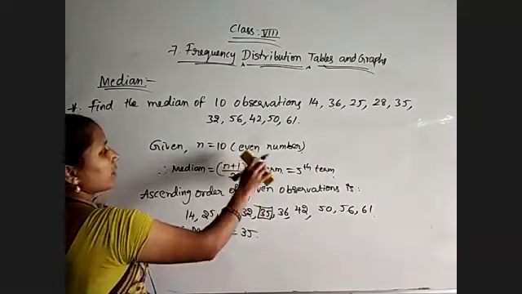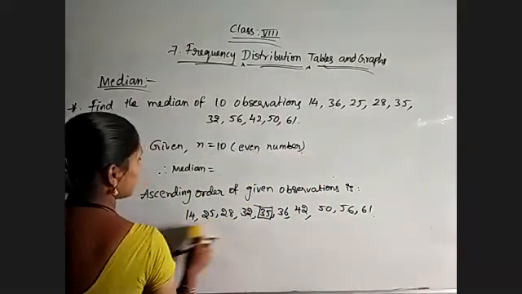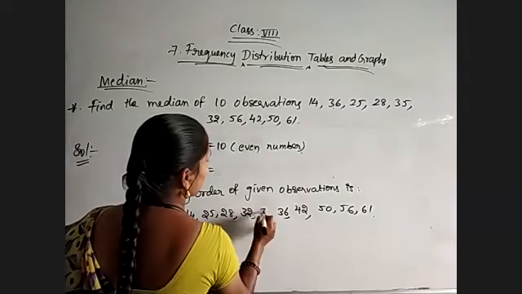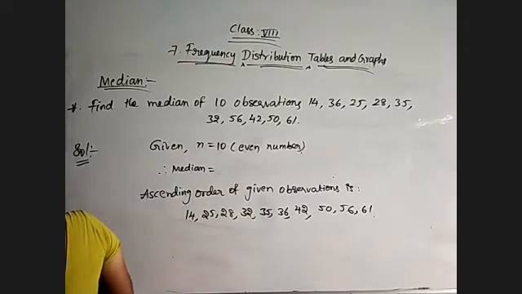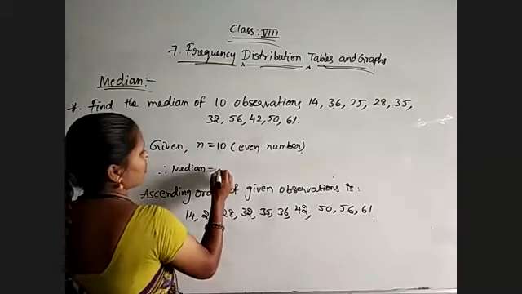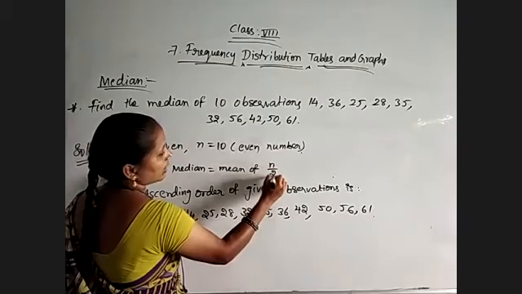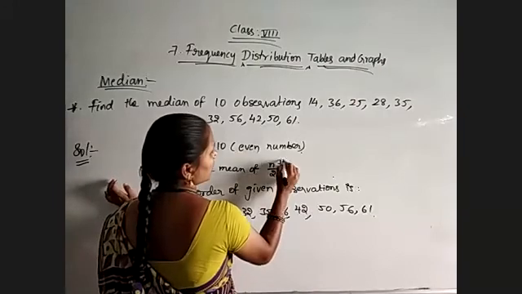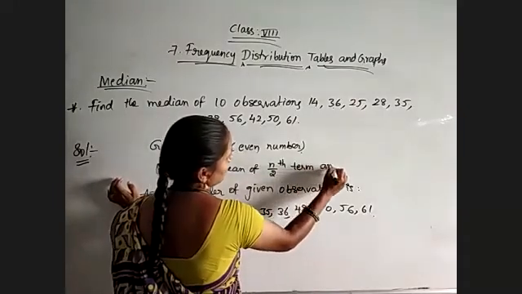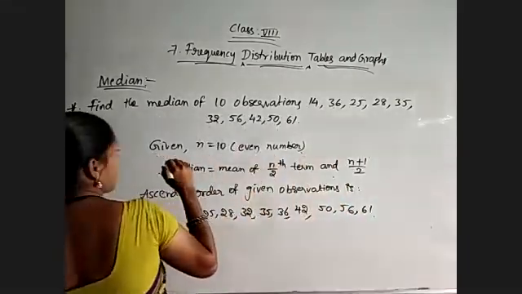In that case, the median will become the average, that is the mean of the n by 2 term and the n by 2 plus 1 term.